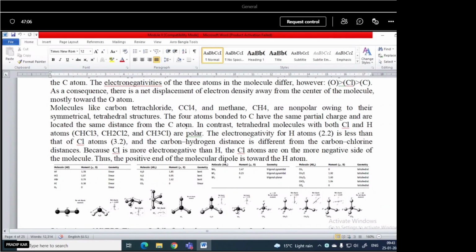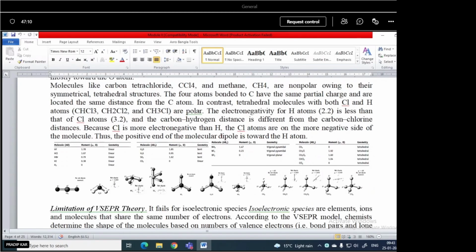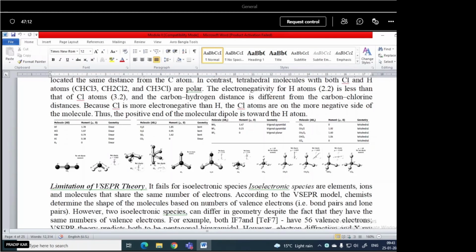Molecules like carbon tetrachloride and methane are non-polar. This is due to the same reason. So here are a few examples: CO2, H2O, H2S. SO2 has a dipole moment because the SO2 structure is not the same as CO2.